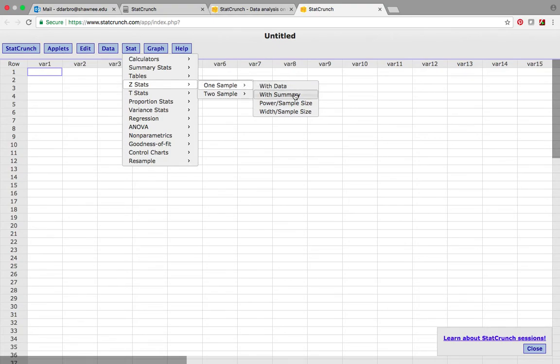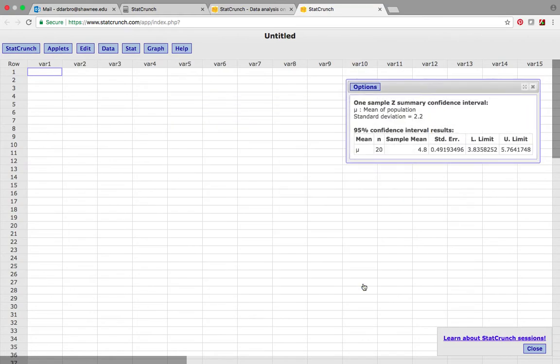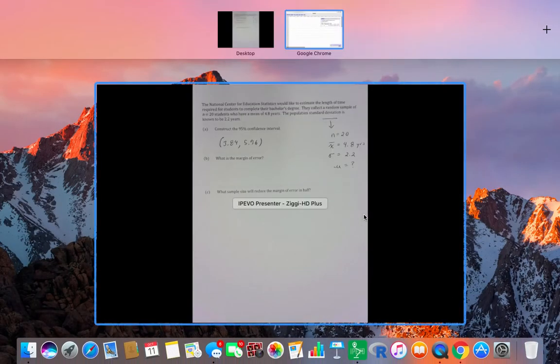All right, the sample mean is 4.8, the standard deviation is 2.2, and the sample size is 20. We want a 95% confidence interval. The left limit is 3.84 and the right limit is 5.76. I'm writing this down so it'll be there when I get back over here.